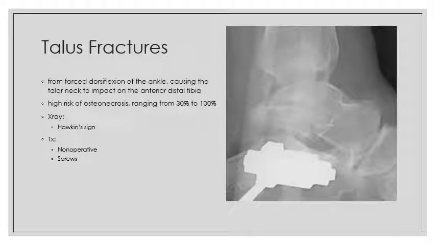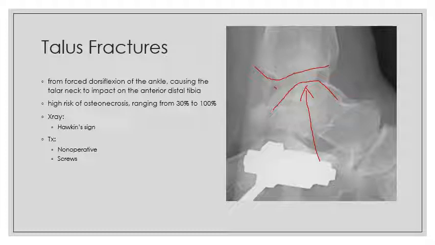So talus fractures basically happen when there's a forced dorsiflexion of the ankle, causing the talar neck to impact on the anterior distal tibia. So this is the tibia, this is the talus, the force is going up, the force of dorsiflexion.